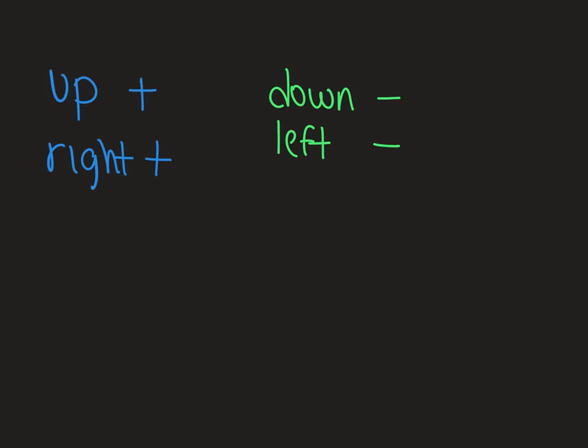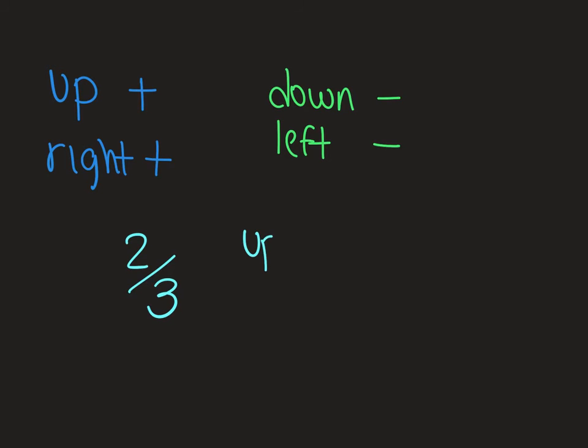All right, let's recap what I've been saying. Anytime you travel up, that's a positive direction. Anytime you travel to the right, that's a positive direction. Anytime you travel down, that's a negative number. Anytime you travel left, that's a negative number. So, what would the fraction 2/3 tell you to do?